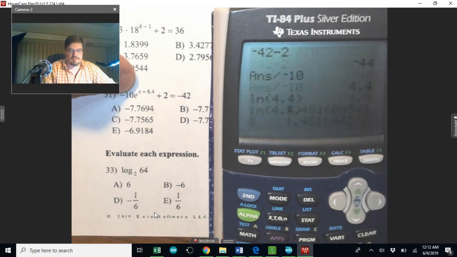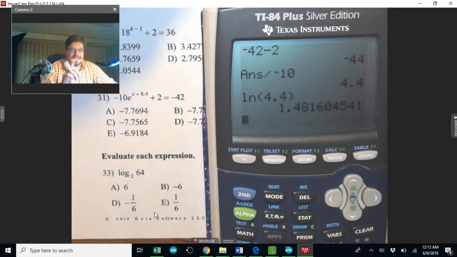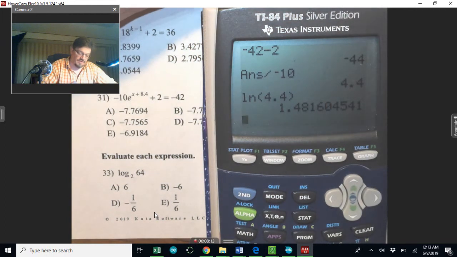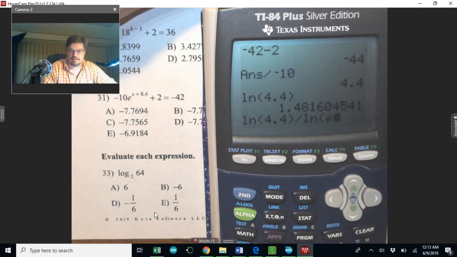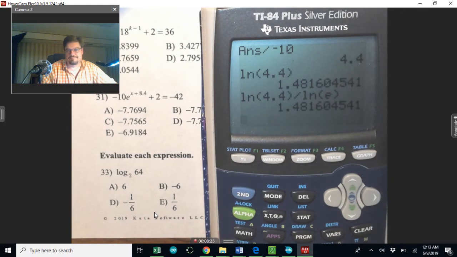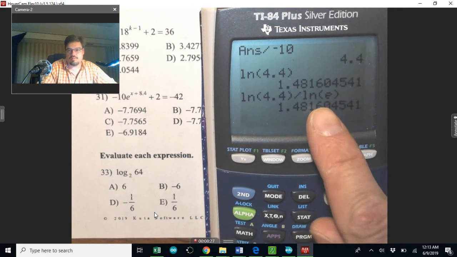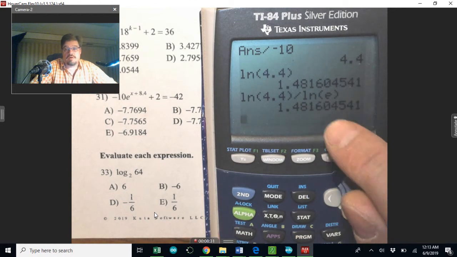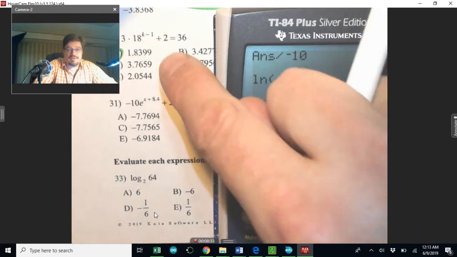Now if I hit enter, that's cool, but let's say that I forgot that the natural log of e was 1. That's okay. If I just did the same thing, 4.4 divided by the natural log of e, and e is right there above division there. Notice I'm going to get the same number. Alright, because he's 1. If I divide anything by 1, I get the same number. So that is our guy after we've done all of those steps.